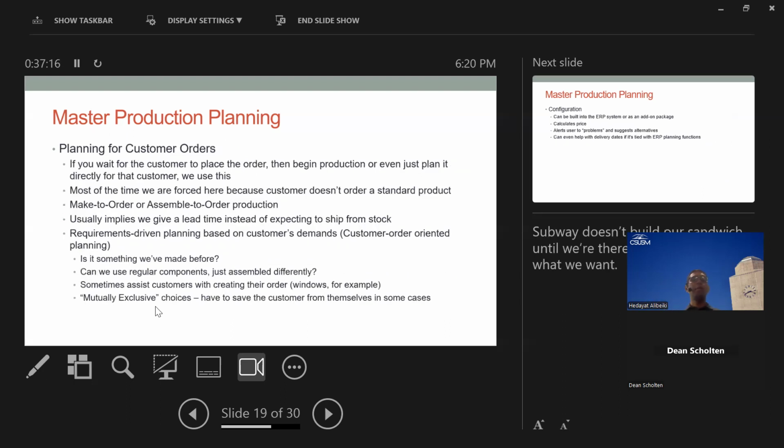Planning for customer orders is basically making the order system great, getting the orders, and then planning for the items. And which one is better? Which one is worse? There are a lot of considerations, right?